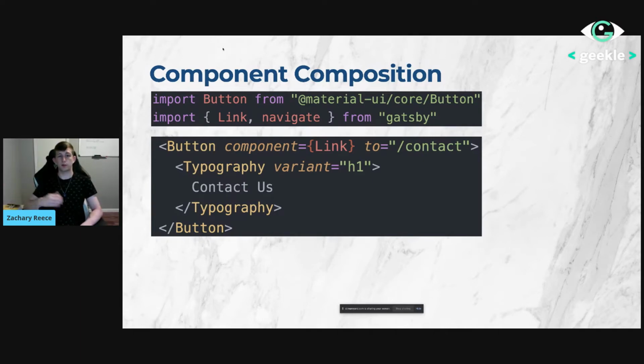But here, since we're composing a button and a link, we just put the to prop on our button. Since the button doesn't need the to prop, it ignores it and passes it down to the link component, and then the functionality works as expected. That's how you can compose components, and that enables a lot of really powerful functionality for combining things in different ways.